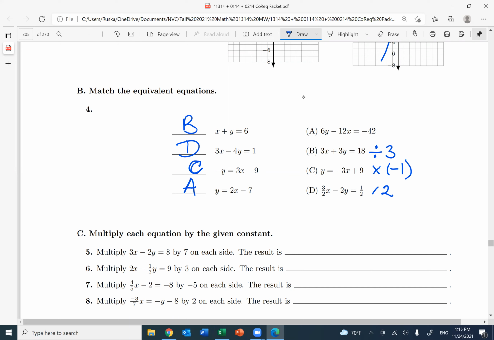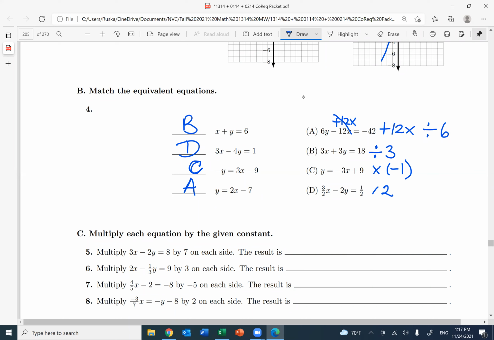Let's see why I say y equals. Here what they did, they moved the 12x over. So you add 12x to both sides, and you have 6y equals 12x minus 42. And also you can divide by 6.